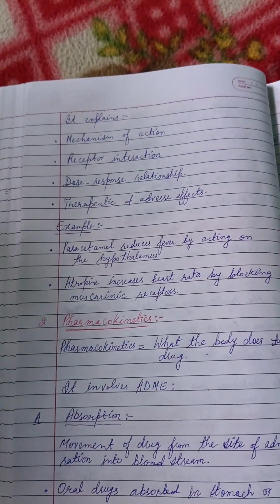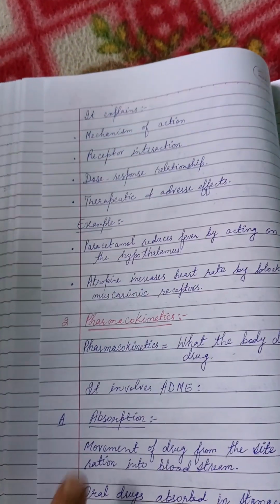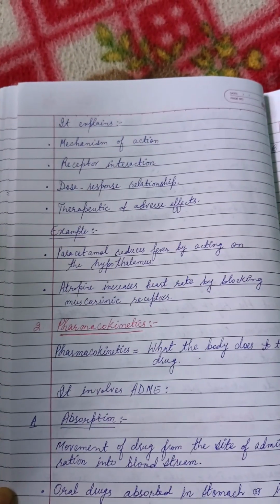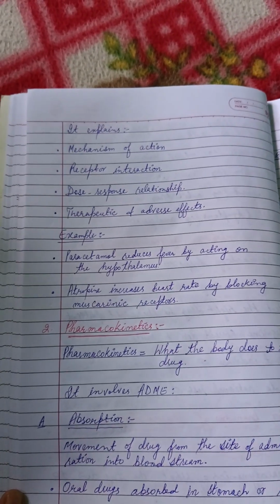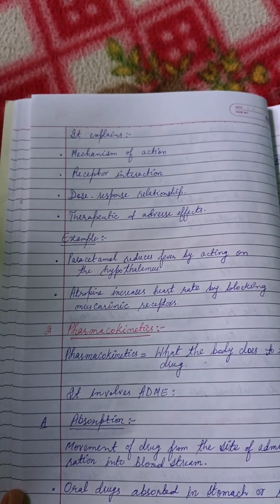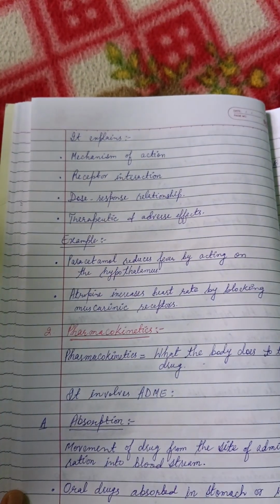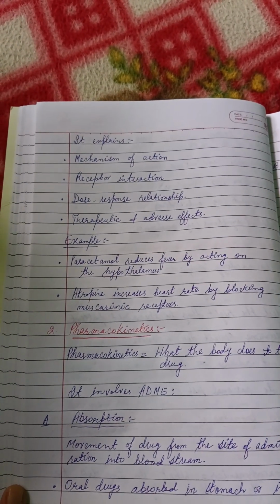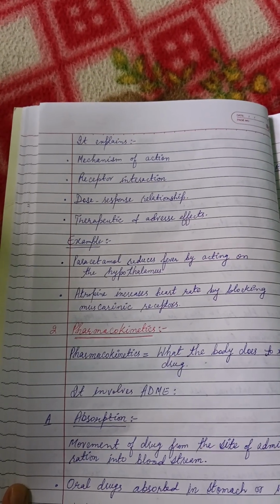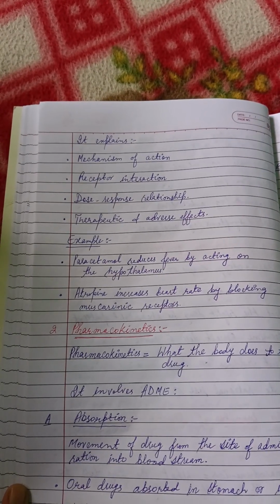It explains mechanism of action, receptor interaction, dose-response relationship, therapeutic and adverse effect. Examples: paracetamol reduces fever by acting on the hypothalamus, and atropine increases heart rate by blocking muscarinic receptors.